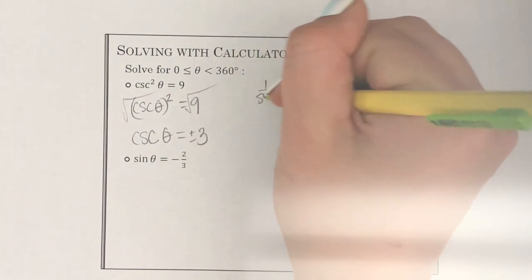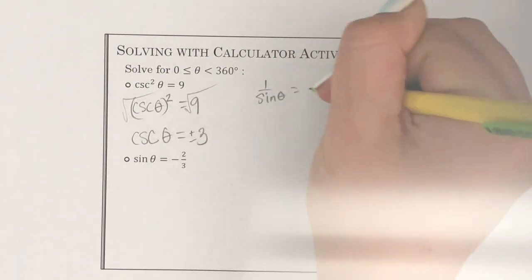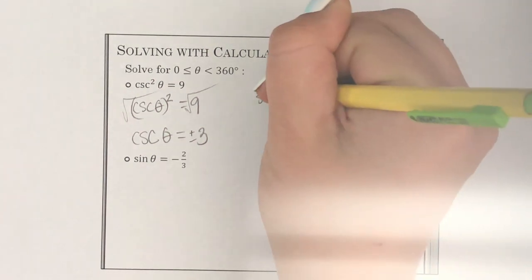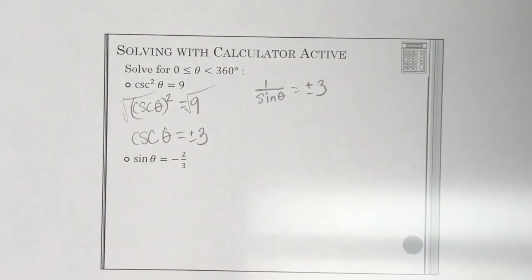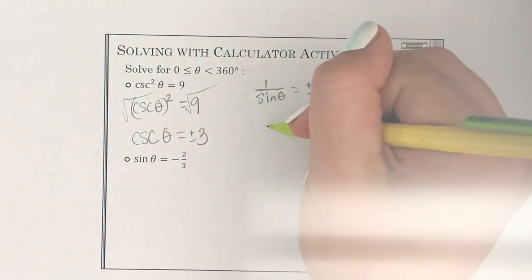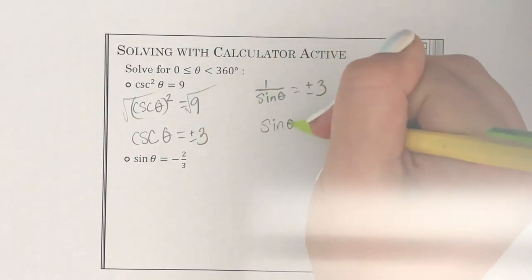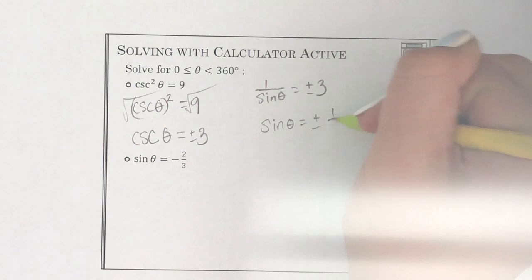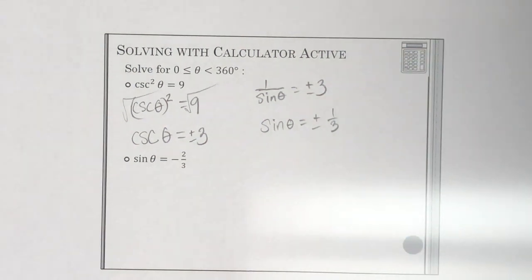So I'm going to say 1 over sine of theta equals plus or minus 3. I'm going to then take the reciprocal of each of those. So sine theta equals plus or minus a third.